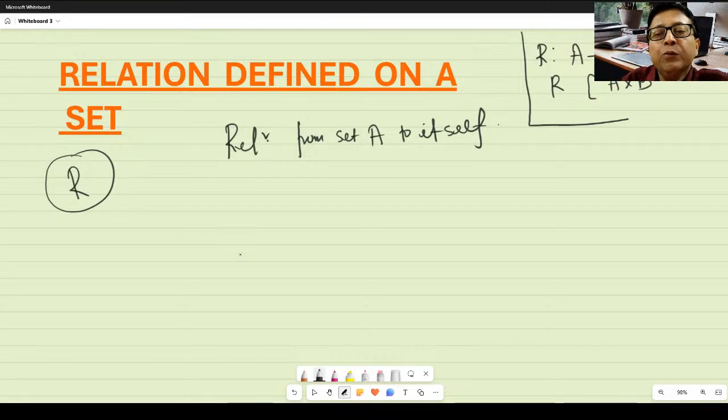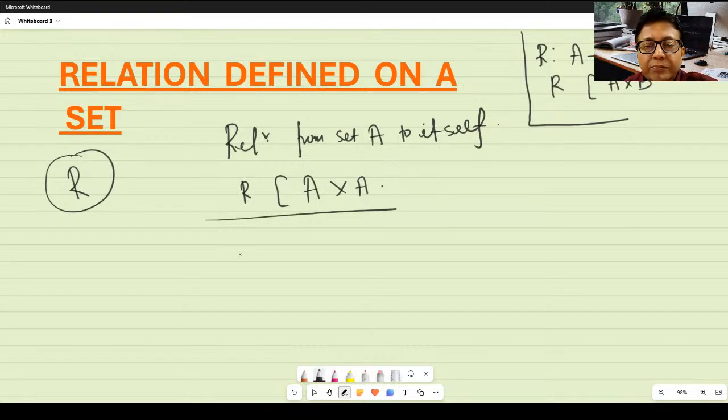So, if we plan to define a relation from set A to itself, then R will be a subset of A cross A. Okay? A relation defined on set A is a subset of A cross A.